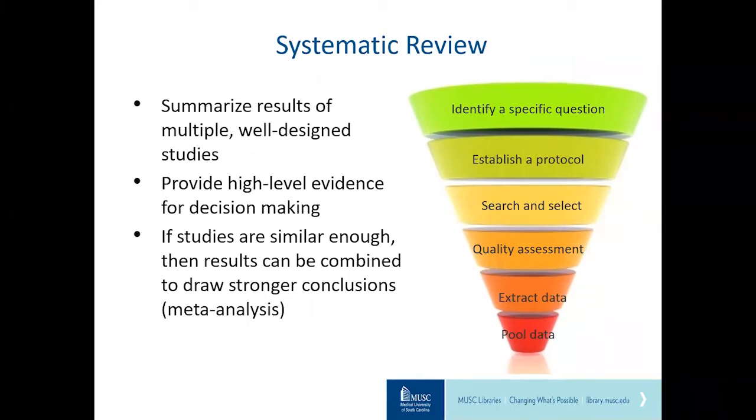As you can see, there is a very specific process for developing systematic reviews. So you're identifying a question, establishing a protocol, performing your search, doing a quality assessment, and if possible, then extracting data and pooling it.